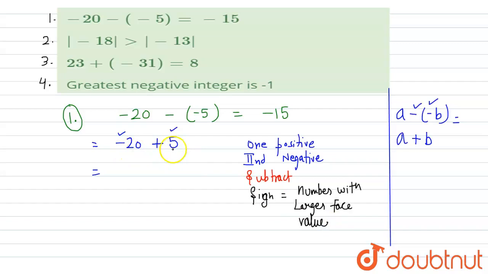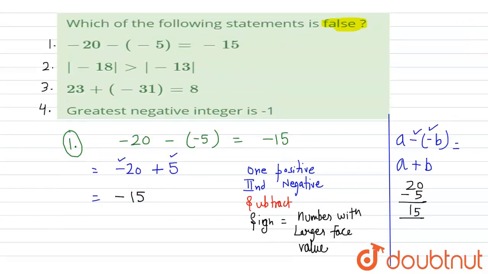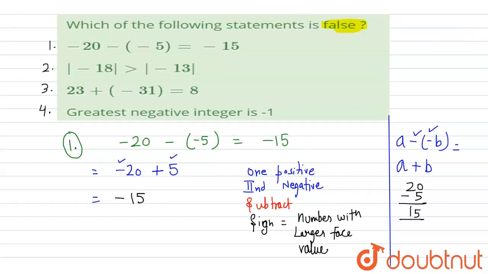Over here, 20 and 5, 20 has the larger face value but it has a negative sign, so our final answer will be negative. 20 minus 5 is 15, so negative 15. That means our first option is true and it can't be our answer.